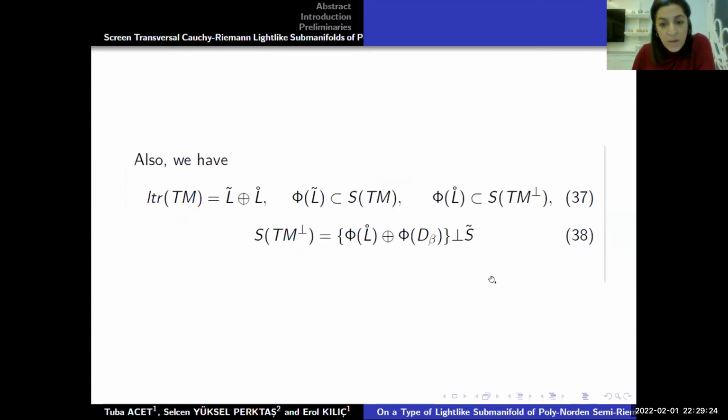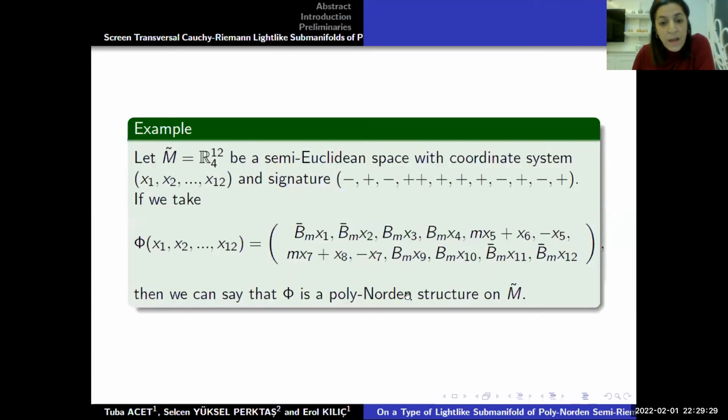Also, for such a submanifold, we have these characterizations. Let me give an example. We are now in R^12 with index 4, and our semi-Euclidean metric has a signature like this. And we define phi like in this equation. It is easy to see that phi is a Poly-Norden structure on M tilde.